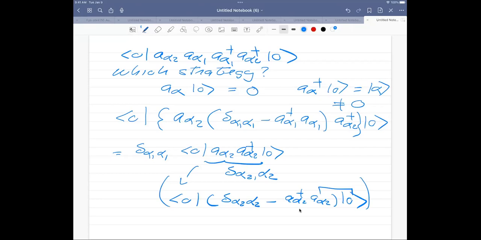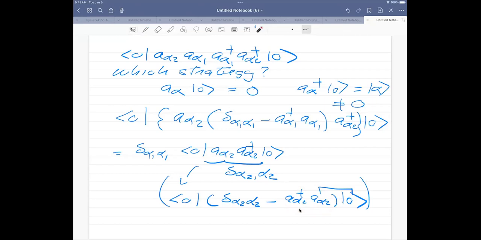Now, just as an intermediate thing, before we move on, this ordering, which you see here, with the destruction to the right and creation to the left, is called a normal ordered product. And that's going to be used in the definition of Wick's theorem. So Wick's theorem is actually going to give us a chain of operators within an expectation value, which can be rewritten in terms of what we call normal ordered chains of operators.